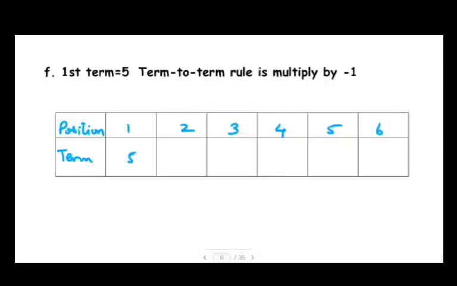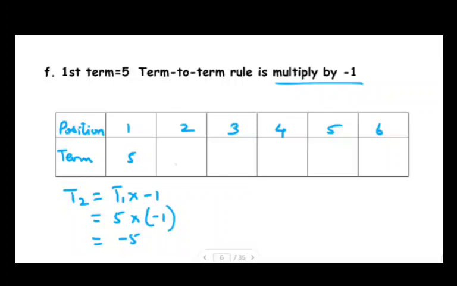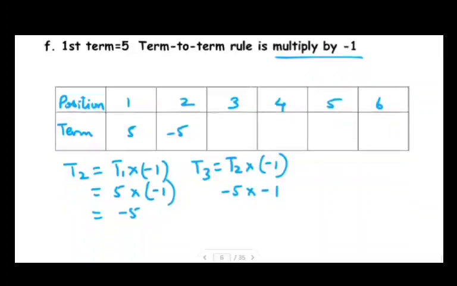My first term is 5 and the rule is multiply by minus 1. So T2 is equal to T1 into minus 1, 5 into minus 1, minus 5. T3 is equal to T2 into minus 1, minus 5 into minus 1.